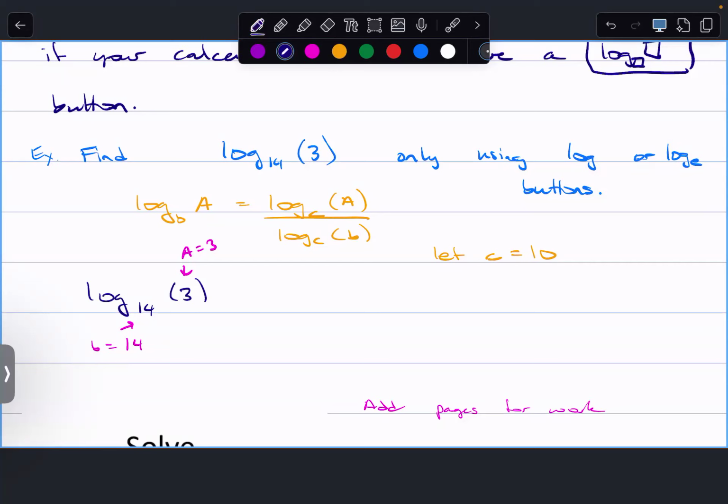And so if I rewrite, log base 14 of 3 is the same as log base 10 of 3 divided by the log base 10 of 14, which if I use my calculator, I get roughly 0.416289669.